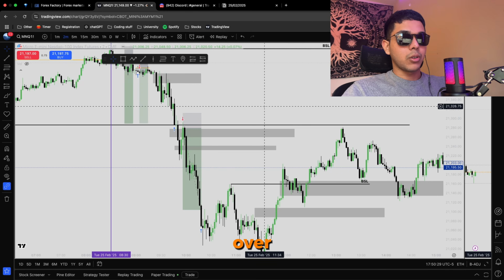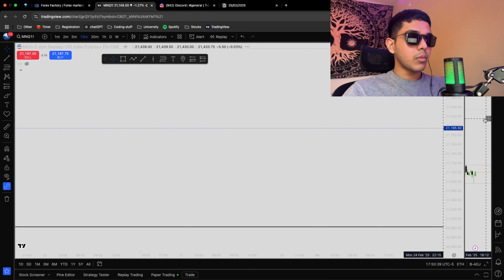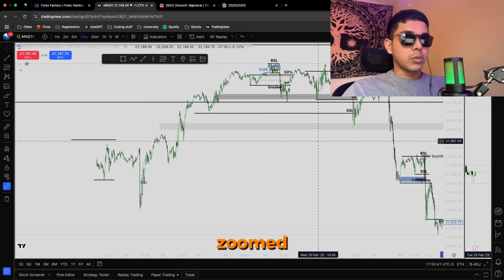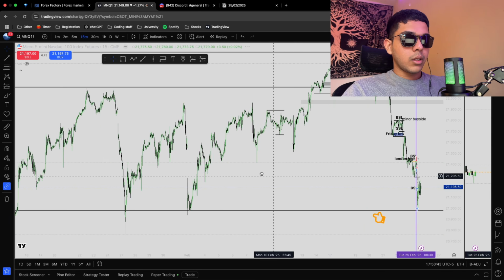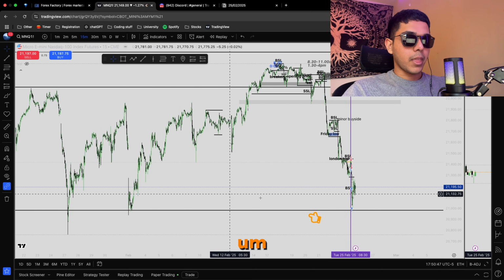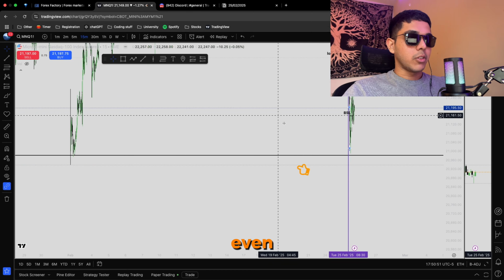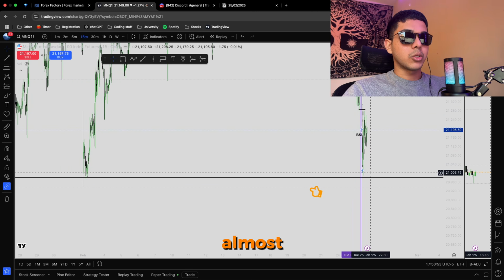I entered the short over there with 4 contracts, and then the take profit was here. When I zoomed out, these were the levels that I was looking at, but I didn't want to ask too much of price, even though price did almost come here.